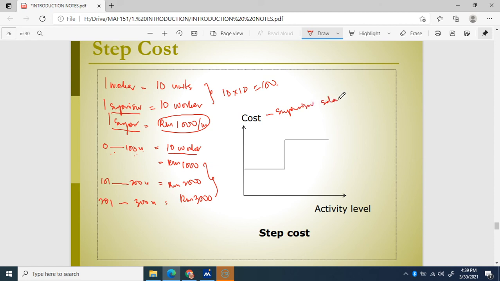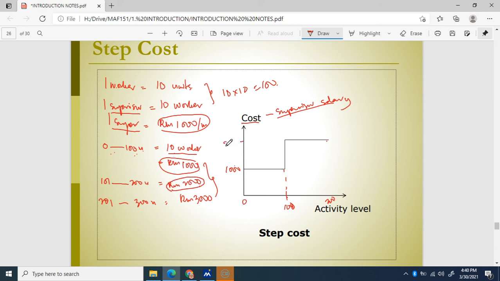So now the cost here is the cost of supervisor salary. From 0 to 100, you need to pay a supervisor salary of 1,000 ringgit. If you produce more than 100, you need 2 supervisors, up to 200 units, so the salary will be 2,000.